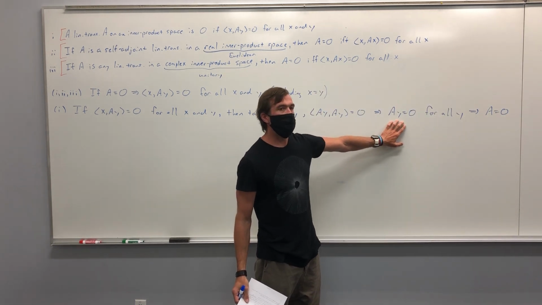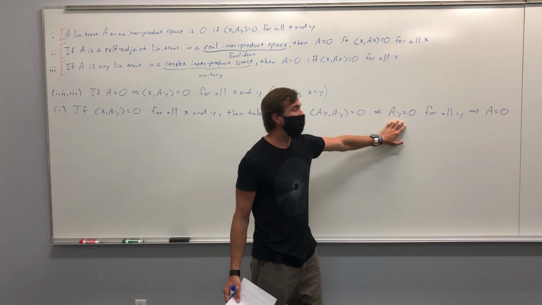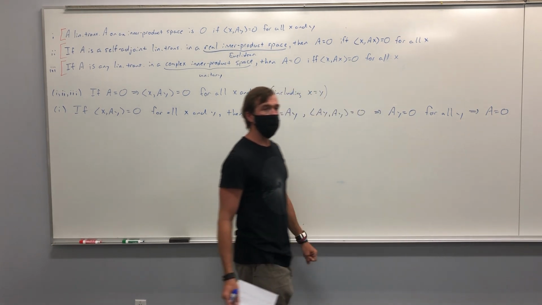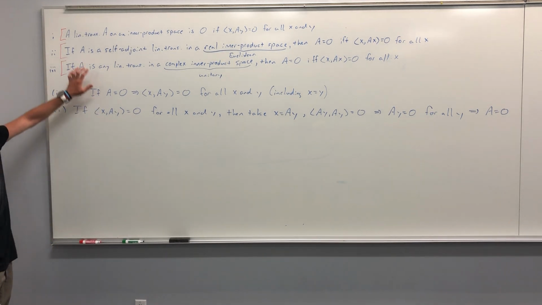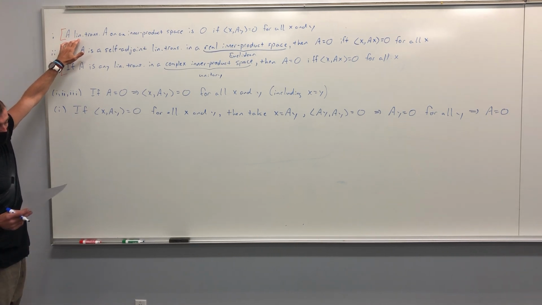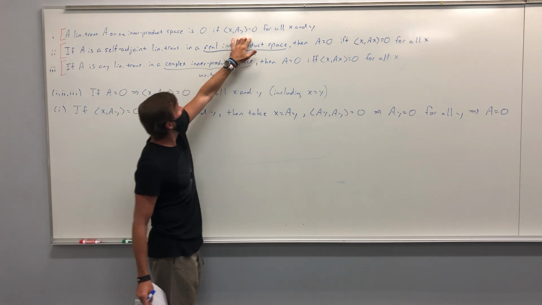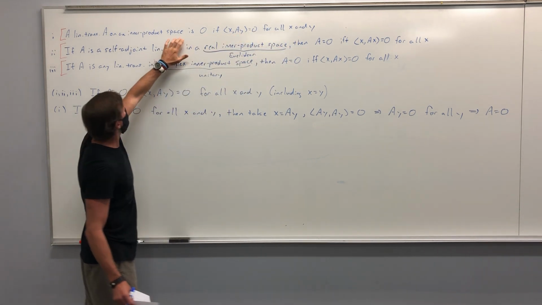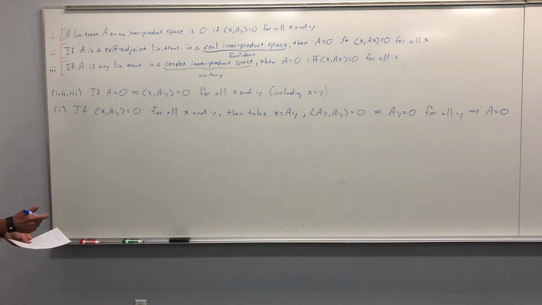If this is true for all y, including y equals 0, but also including y not equal to 0, then that means that A is 0. So what we just demonstrated was the sufficiency of this one. That is, if we assume this, then we proved that the linear operator is 0. Everybody on board?